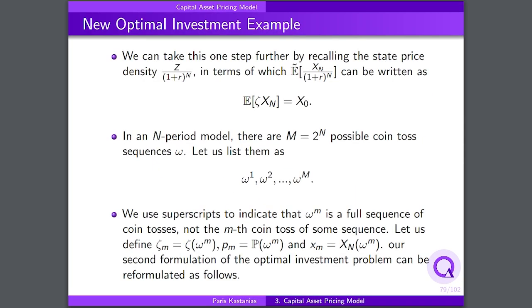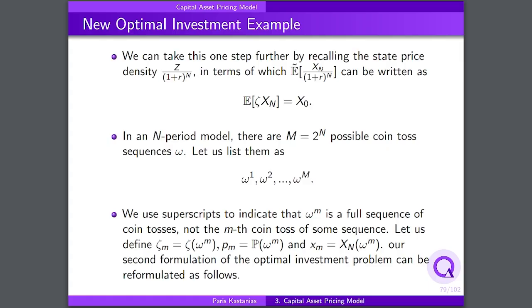So we can take this one step further by recalling the state price density zeta, Z on 1 plus r to the n, in terms of which the risk-neutral expectation of xn on 1 plus r to the n can be written as the expectation of zeta xn equals x0. In an n-period binomial model, there are capital M equals 2 to the power of capital N possible coin toss sequences.